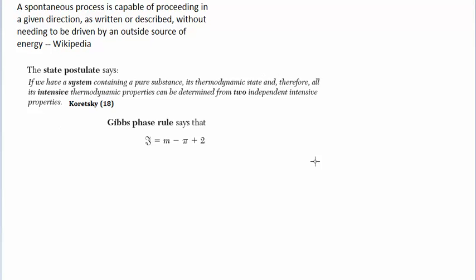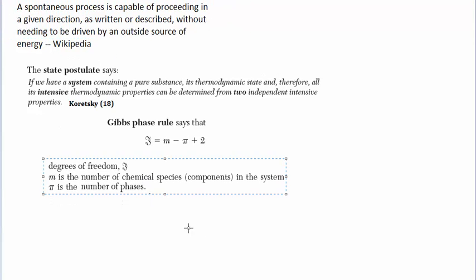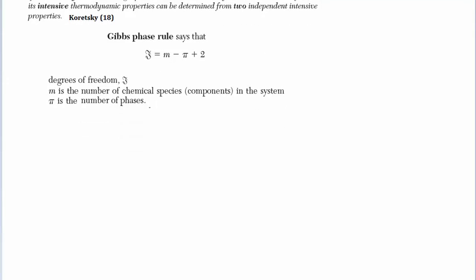So that's given here. Typically when you're dealing with a pure substance, we have one species here, so that's 1, and you have 1 phase, and that gets you 2 degrees of freedom.